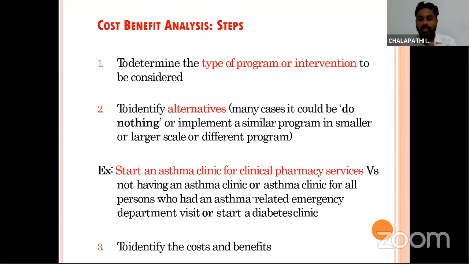I have to keep a clinical pharmacist there and pay his salary. I have to keep a bench and desk. I have to pay for all of that. So all the cost I put in there, my budget and expenses to establish that clinic, will be considered the cost of the intervention.